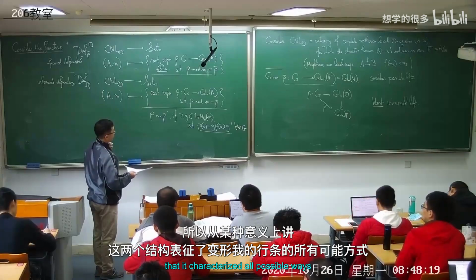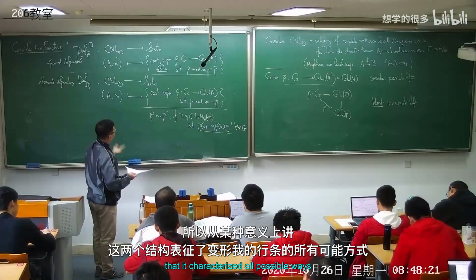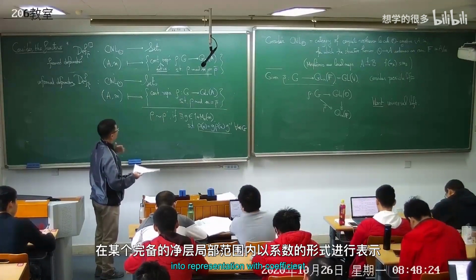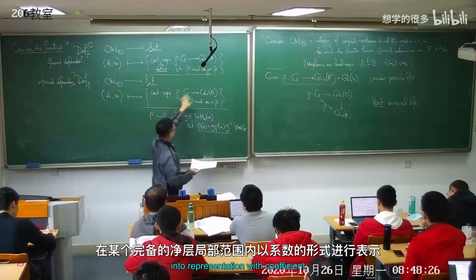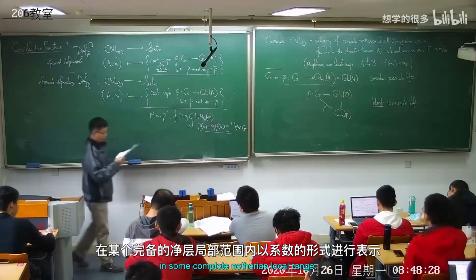So somehow these two functors characterize all possible ways of deforming my rho bar into a representation with coefficients in some complete Noetherian local ring.